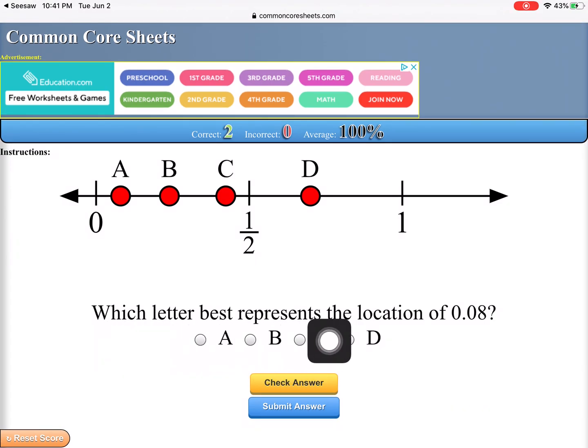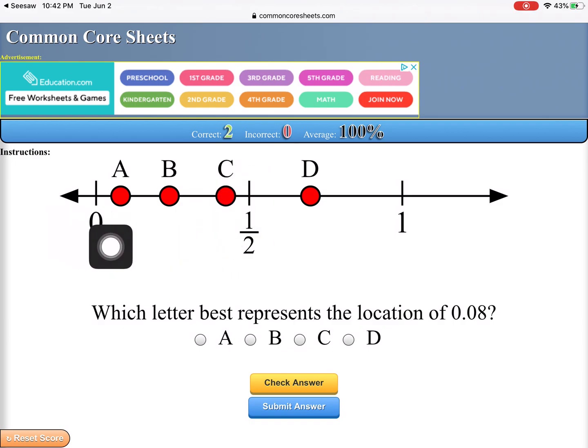Which letter best represents the location of, ooh, that one's tricky to read. That's an 8, but remember it ends in the hundredths place, so it's 8 hundredths. So if we think about them on a number line, this would be 0 hundredths, this would be 50 hundredths, this would be 100 hundredths. 8 is a lot less than 50, so it's not going to be D. It's not close to 50.